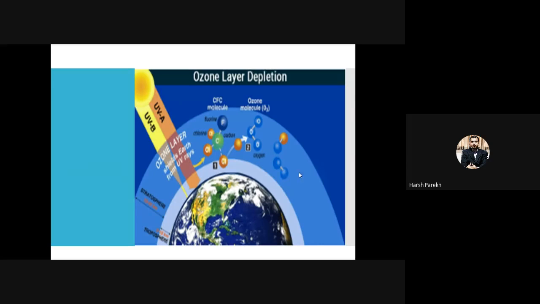So now there is an oxygen and an oxygen chloride. There are two molecules now formed, there is no formation of ozone, and that was the reason why ozone depletion took place.